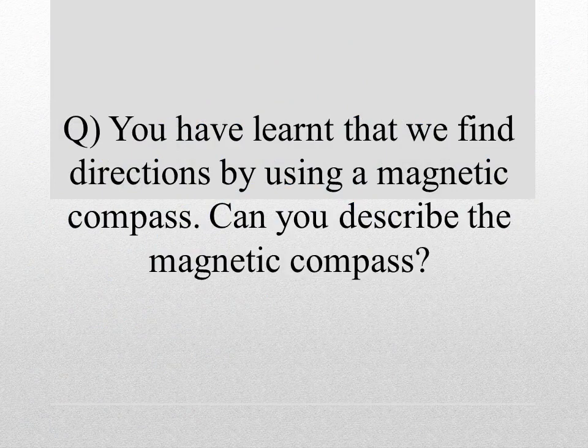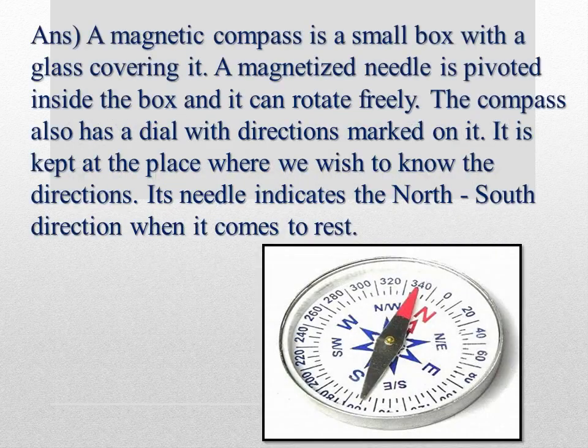You have learned that we find directions by using a magnetic compass. Can you describe the magnetic compass? A magnetic compass is a small box with a glass covering it.